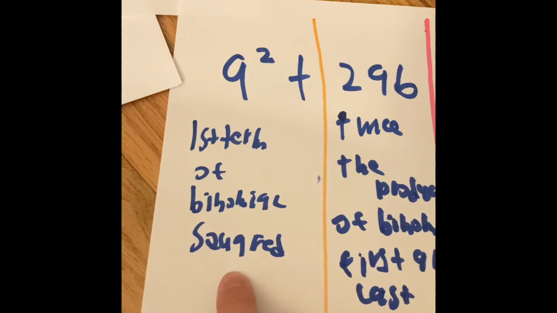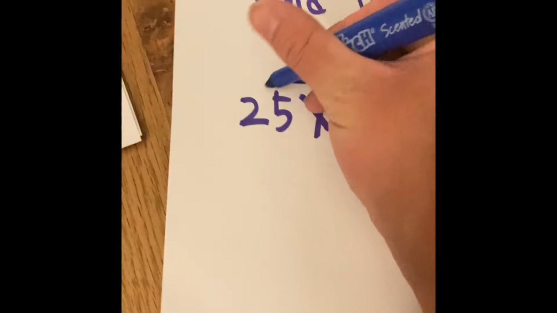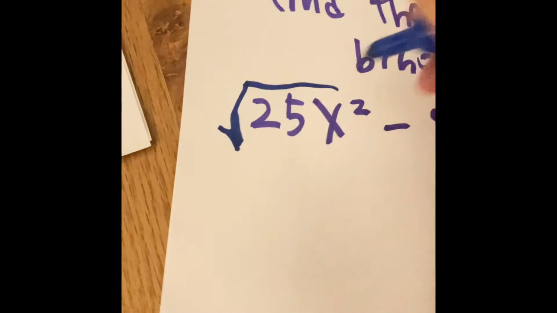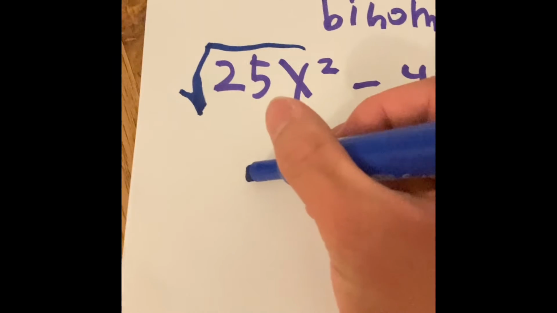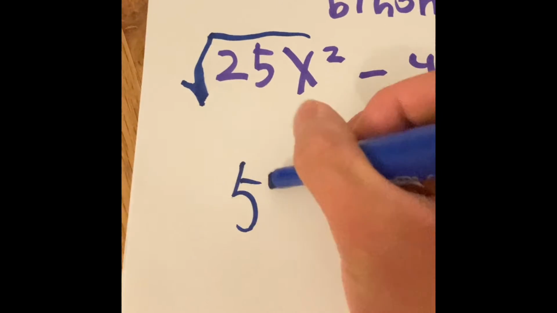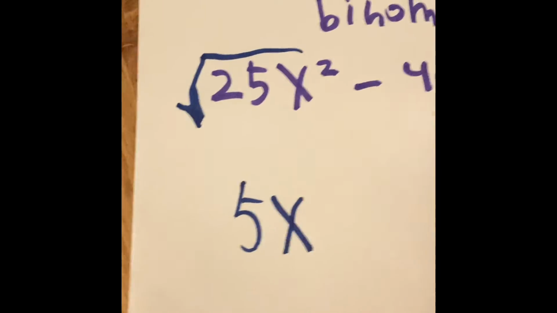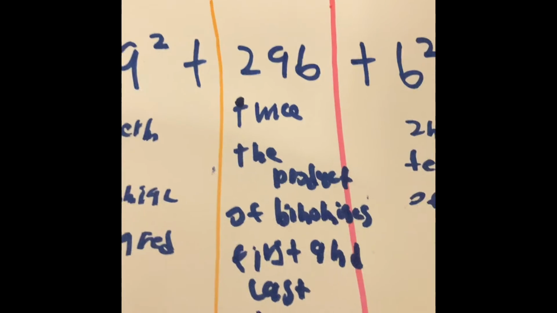What we're going to do is take the square root of this, not including the square. When we do that, we get 5x. The second part is 2ab.